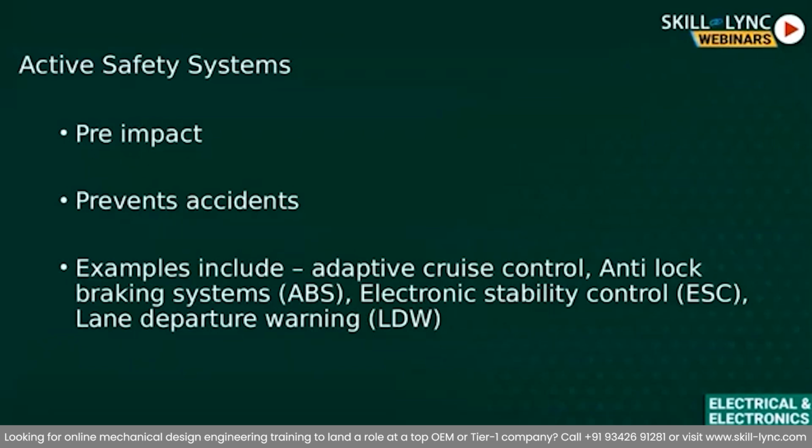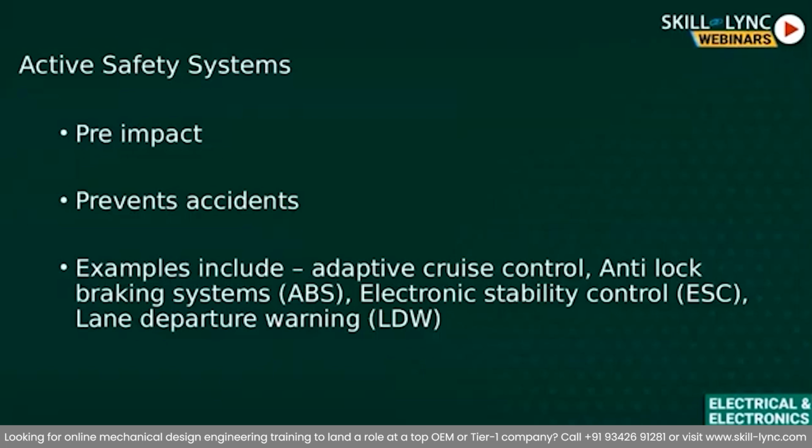Now this point is very important to understand how active safety system is different from passive safety system. So before we dive into the details and take up the example, I want to once again mention that when you're driving a car, we have sensors that are constantly monitoring the driving pattern. So when this pattern is monitored and accident behavior is observed, active safety system will take control and try its best to avoid accidents.